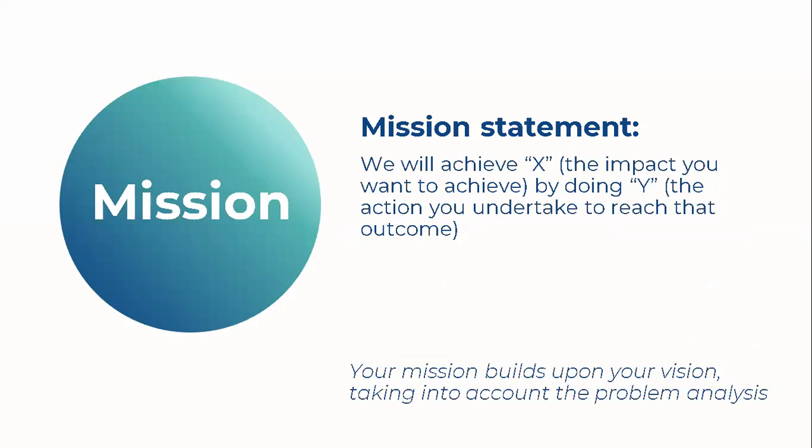So, for example, you will state, we will achieve X. So you will say what is the impact that you want to achieve by doing Y. You're going to tell the audience the action you're going to undertake to reach that outcome. So just remember that your mission really builds upon your vision, and your vision is based on the analysis of the problem that you've done.